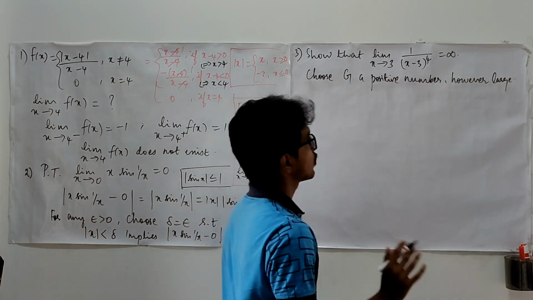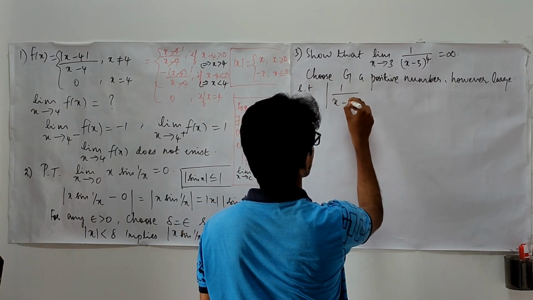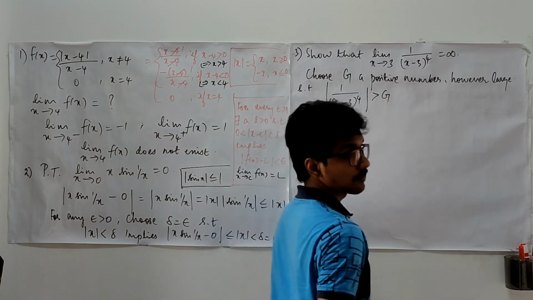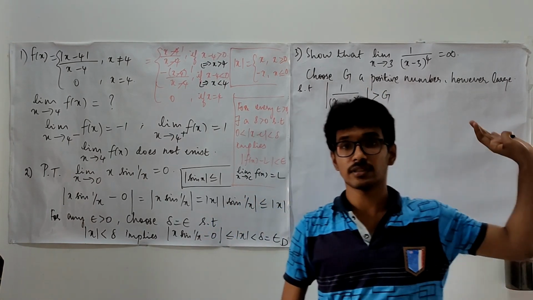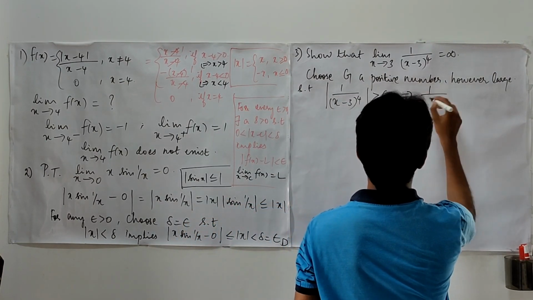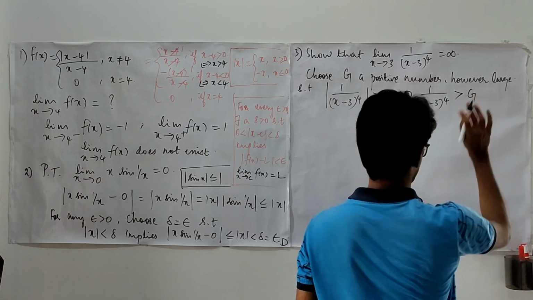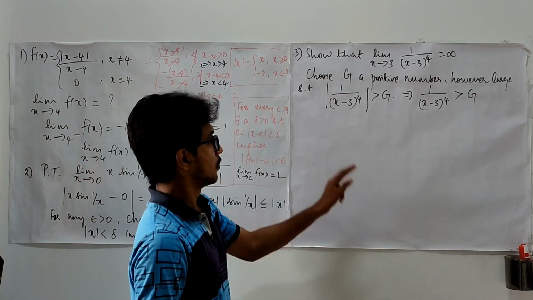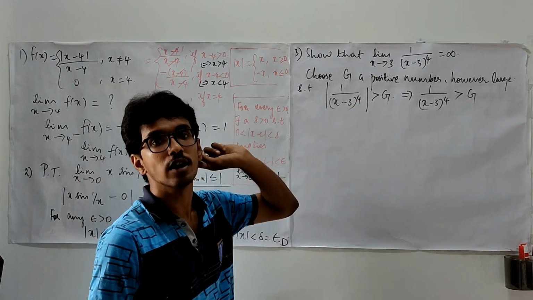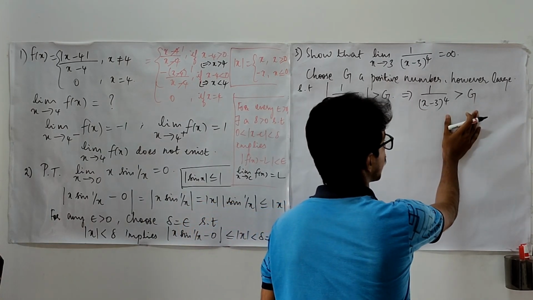Okay, you are choosing such that absolute of 1 upon (x minus 3) to the power 4 is bigger than g. So you can always identify some quantity like this. This implies simply 1 upon (x minus 3) to the power 4 is bigger than g, because you are raising the power 4, which means it is going to be a positive quantity always. So this is what you have.